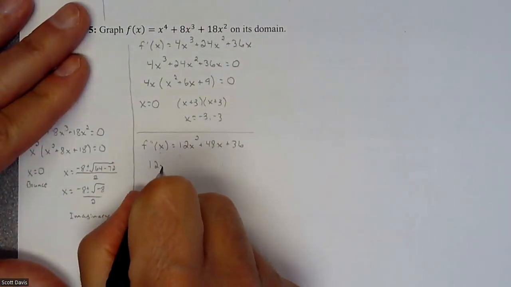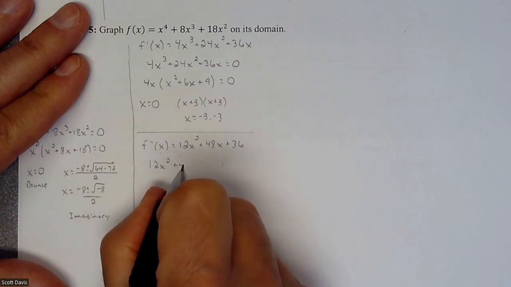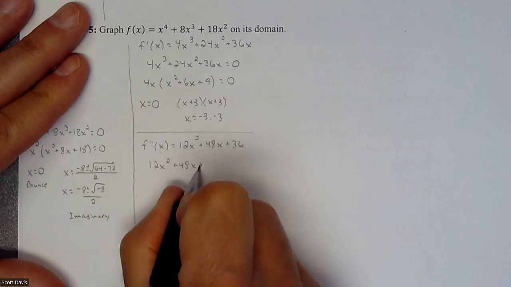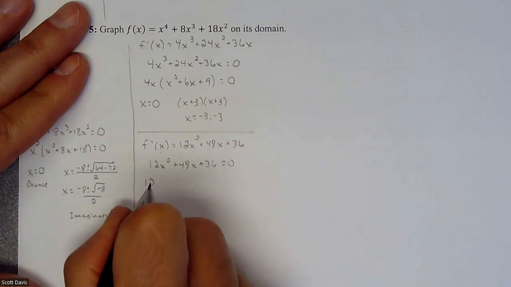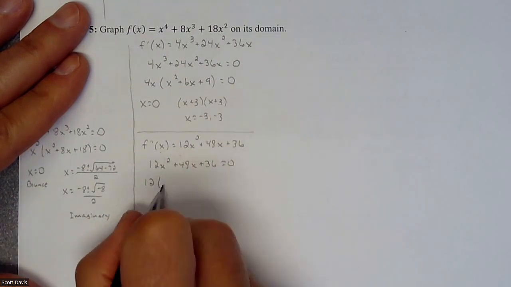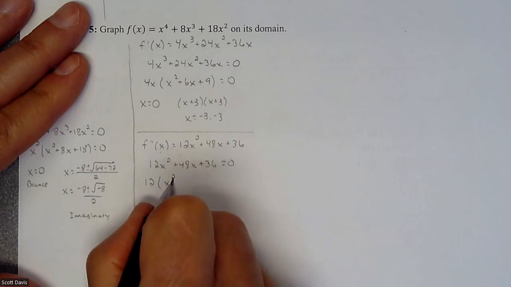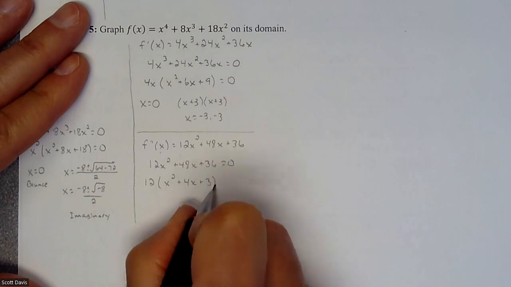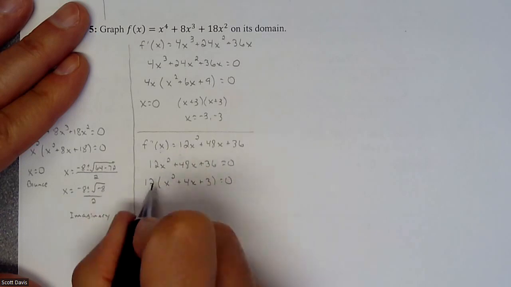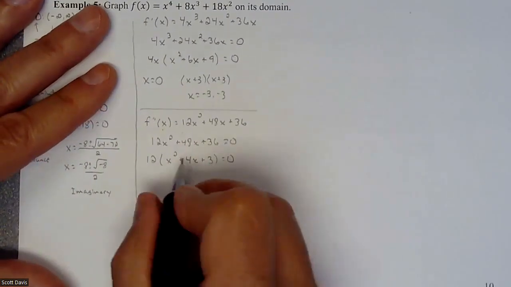So 12x squared plus 48x plus 36 equals 0. So us doing this is going to be checking for concavity and where we have any potential inflection points. So x squared plus 4x plus 3 equals 0. 12 doesn't have a variable on it, so it's not going to give us a solution.